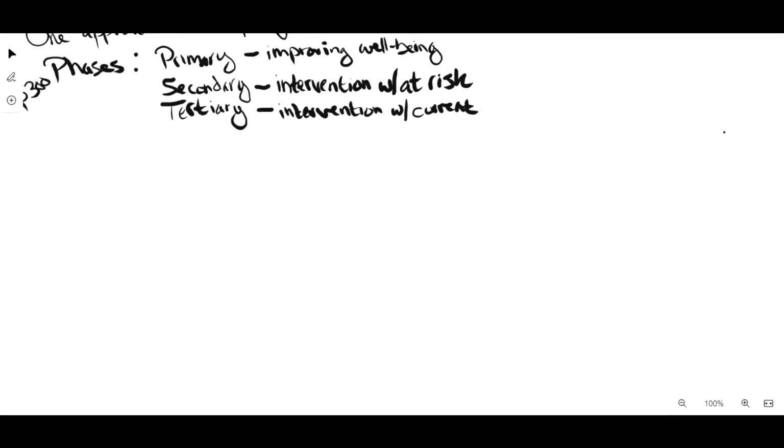So another way, and it's kind of similar to public health, but another way is developmental. Hopefully this also should be pretty straightforward, but a developmental approach to juvenile delinquency and prevention looks at different theories.